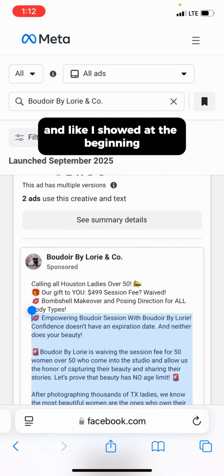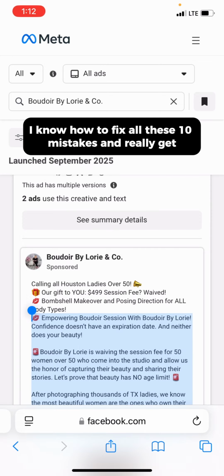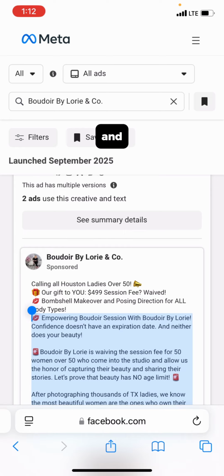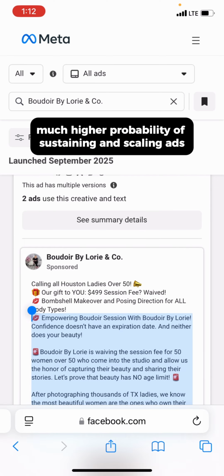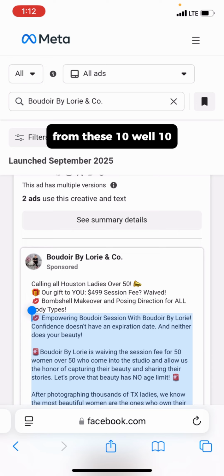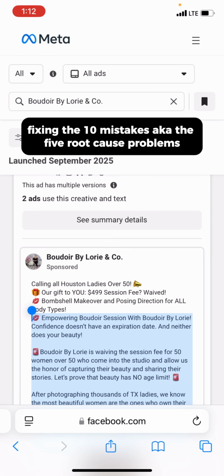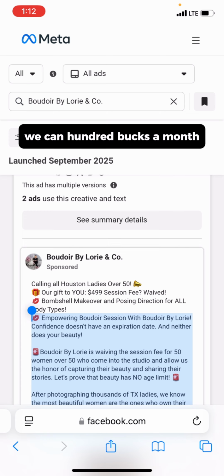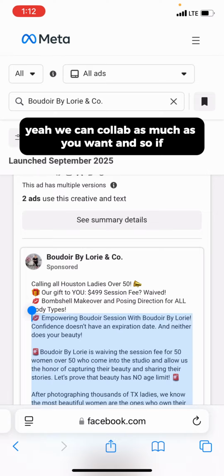And like I showed at the beginning, I know how to fix all these 10 mistakes and really get much better metrics and much higher probability of sustaining and scaling ads from fixing the 10 mistakes, aka the 5 root cause problems. So, yeah, $100 a month. We can collab as much as you want.